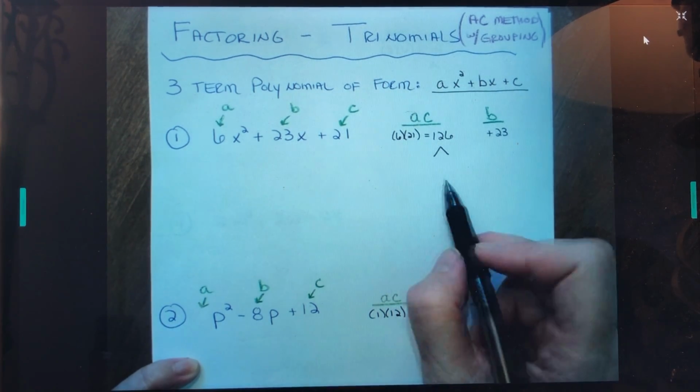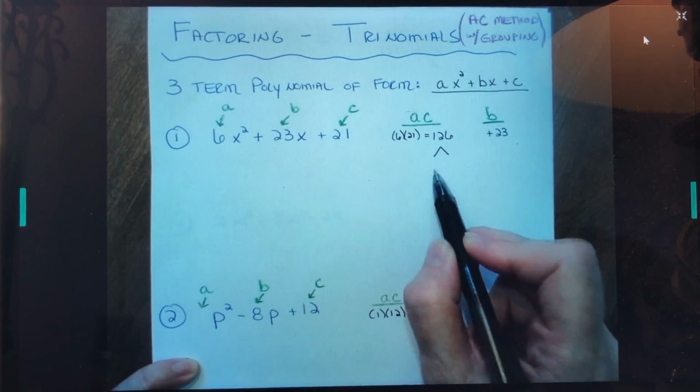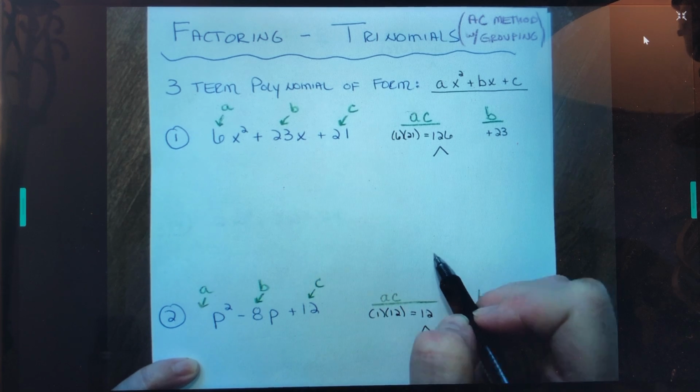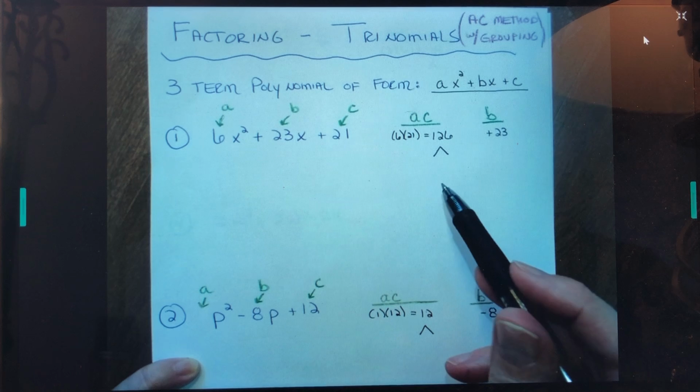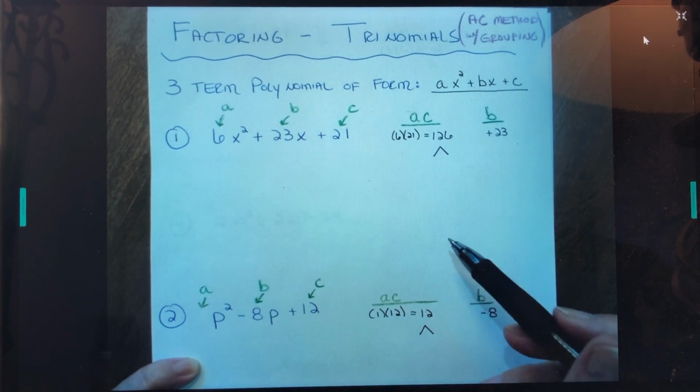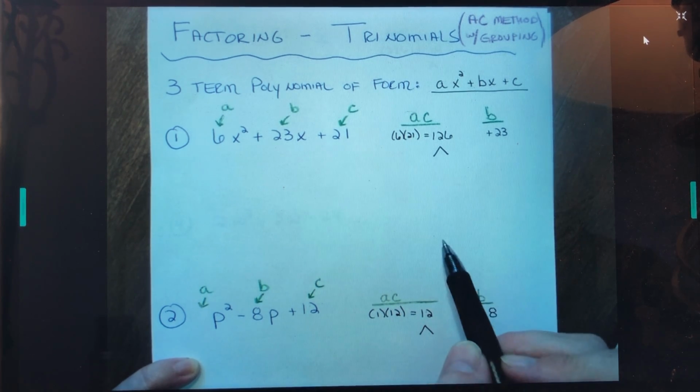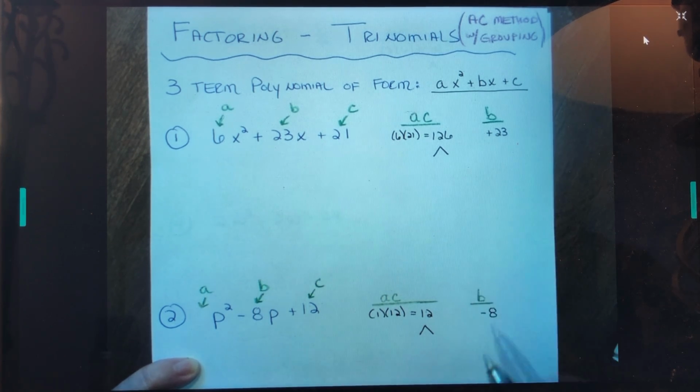And so that's where this process will flush those numbers out for you if they exist. I have an example later where there actually don't exist. There aren't any. And if that's the case, then we would say that the polynomial is prime, that it doesn't factor. Okay, so let's get started with these.